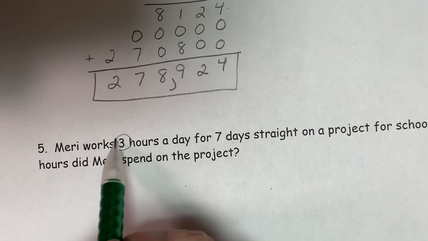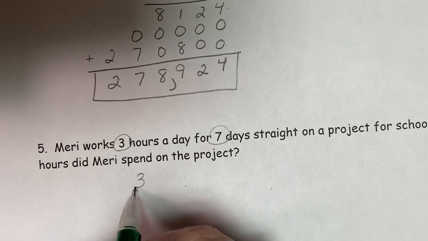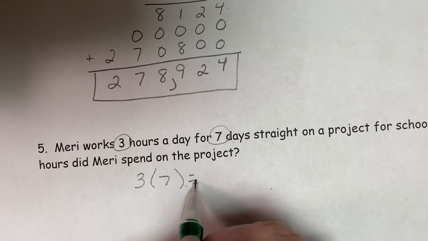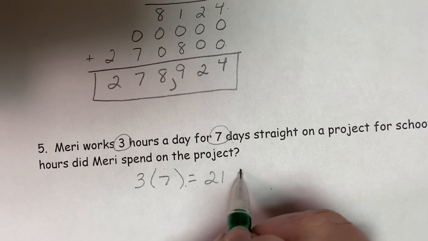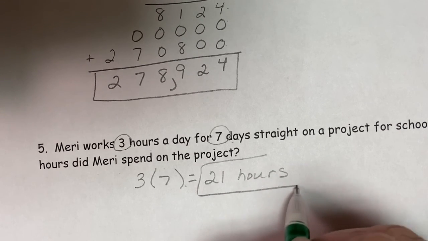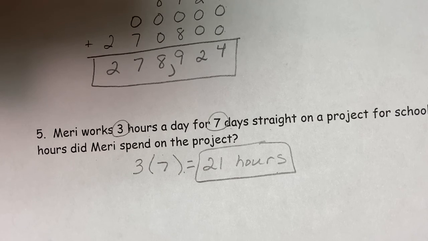What would I do with the 3 and the 7? Well, she worked 3 hours a day for 7 days. So you would multiply those together, which means she worked a total of 21 hours. Always make sure you label your answer in a story problem. So I hope that made sense to you.